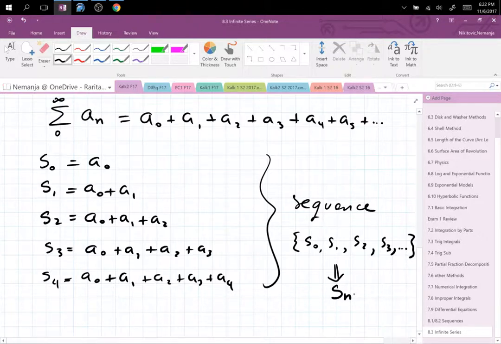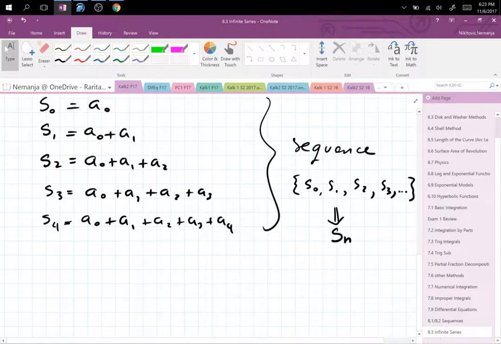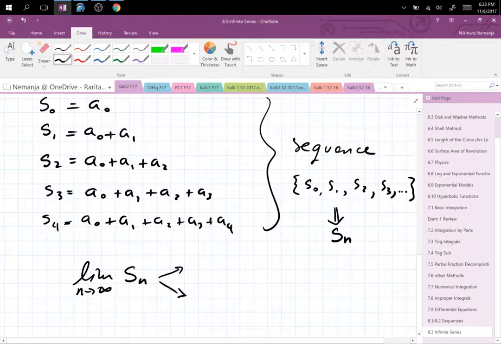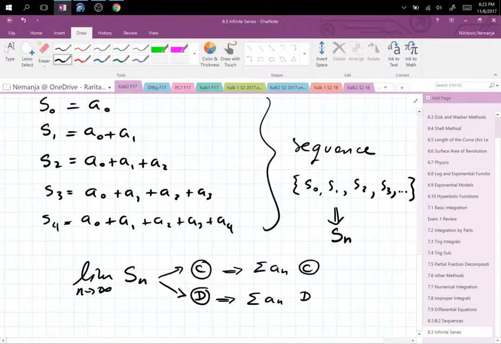So we start with a series, and then we make the sequence of partial sums, and now that's a sequence. And now we know that we can take the limit as n goes to infinity of that sequence, which can have two outcomes, convergence or divergence. If it converges, then we can say that the series of a_n converges, and if it's divergent, we will say that the series of a_n diverges.